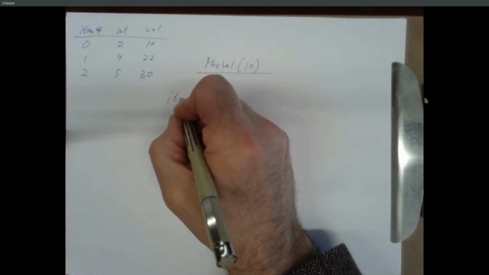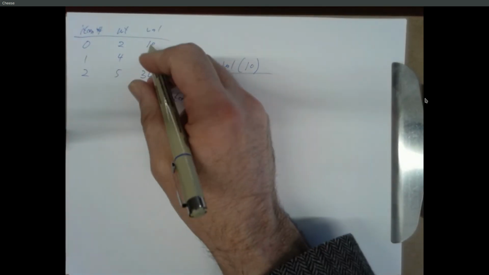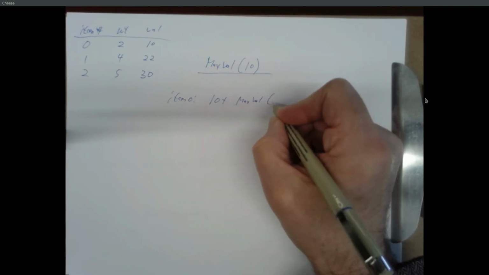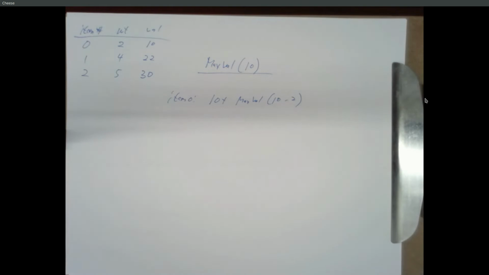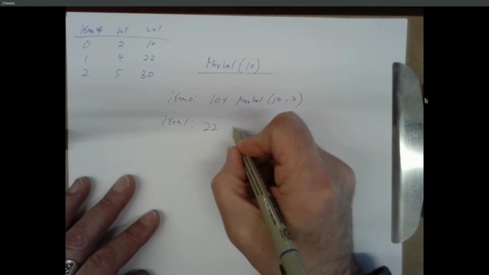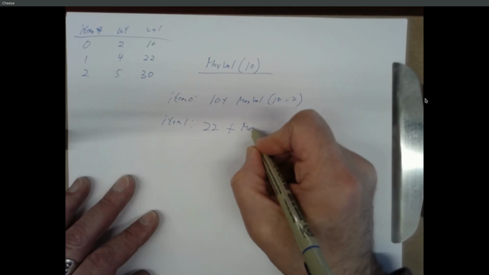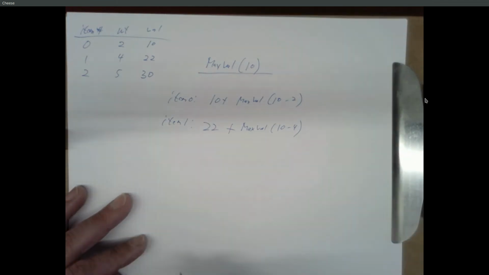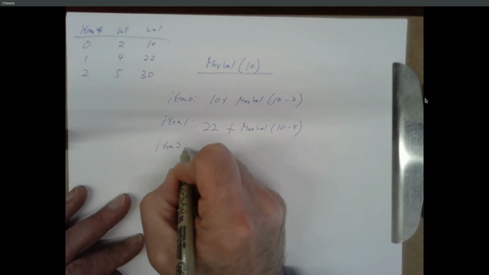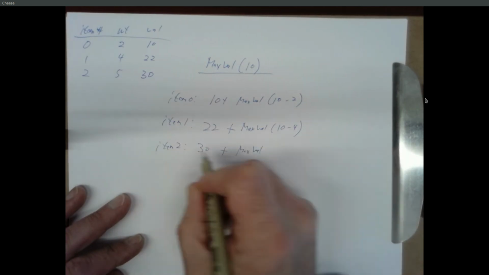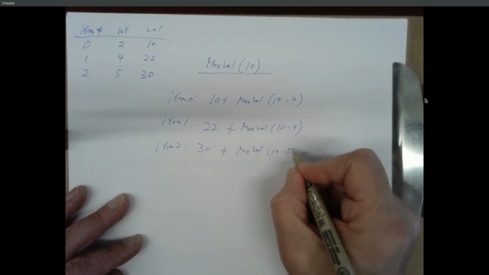If we start with item 0, we have a value of 10 plus max val of 10 minus 2. If we start with item 1, we get $22 by using that item in our bag, and then we lose 4 pounds of capacity. So we call max val of 10 minus 4. Item 2, we get $30 from putting that in our bag. We diminish our capacity by 5 pounds, so we have to find max val of 10 minus 5.